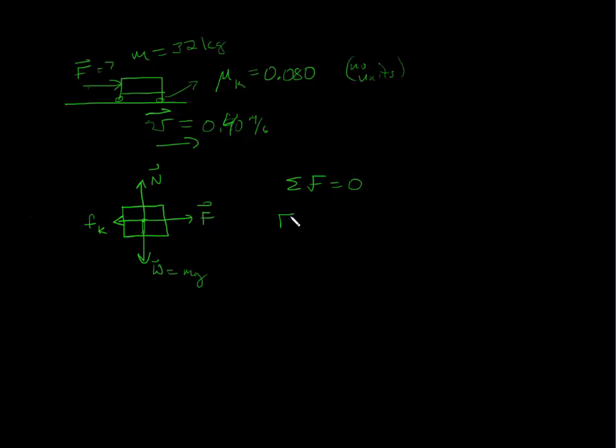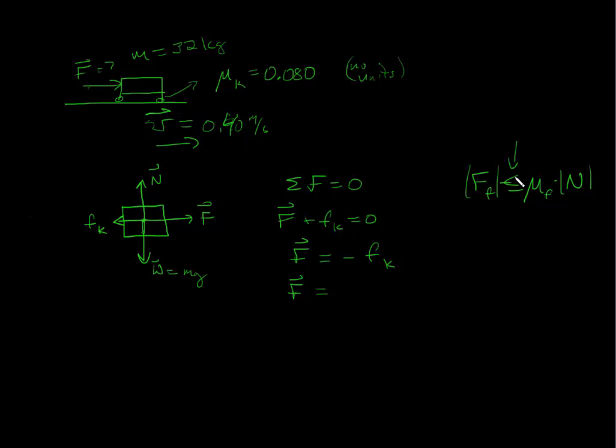So this would be the force plus the friction force is equal to 0. So the force applied is going to be equal to the opposite of the kinetic frictional force. But now we need to change this. So the friction force, if you remember, is less than or equal to the coefficient of friction times the normal magnitude.